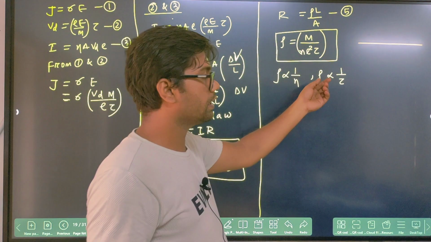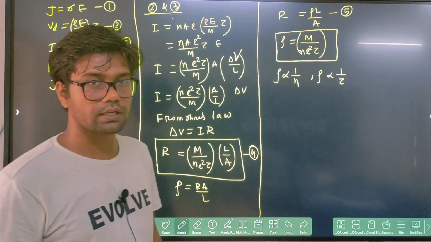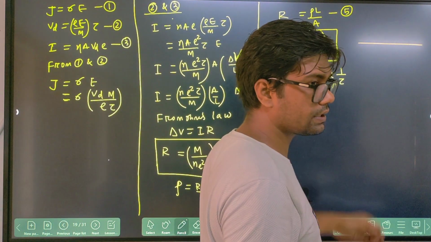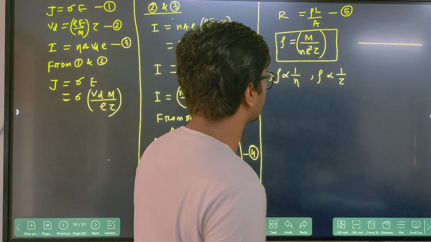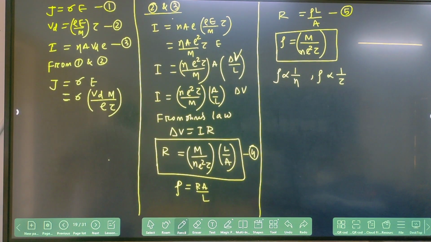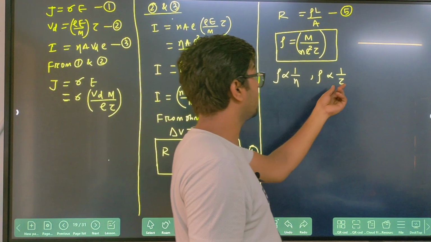Tau is the average relaxation time of the electron in the conductor, right?